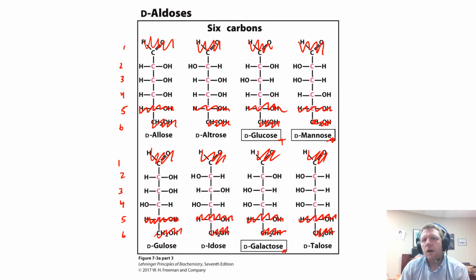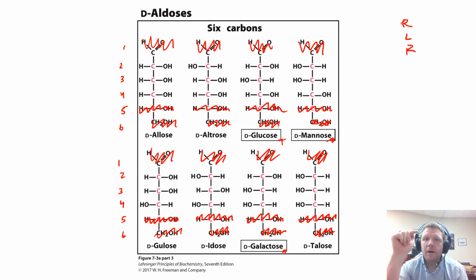What I do for this is I use a simple code for myself of RLR, right, left, right. I use that because I only need to worry about 3 carbons for the structure of glucose. It has 6 carbons, I know that, but I don't need to worry about carbon number 1, carbon number 5, or carbon number 6.